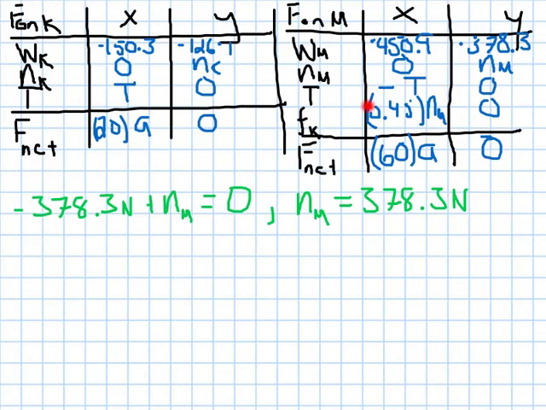Now I can use that to find the force of kinetic friction on the mom, and I can write my equation from this x column for the mom. So here's what this looks like. Again, just work down the column. So negative 450.9 newtons plus 0, subtract the tension, add the kinetic friction force, which is going to be 0.45 times this normal force of 378.3 newtons.